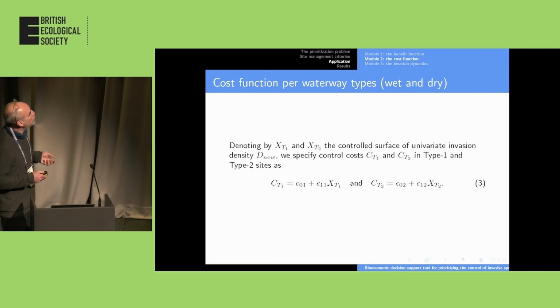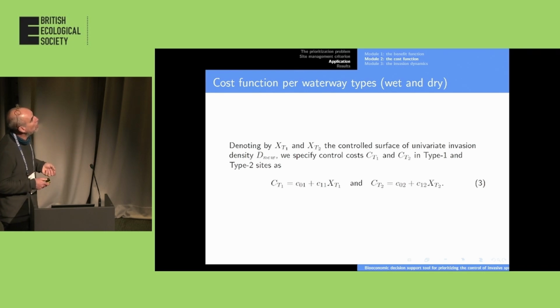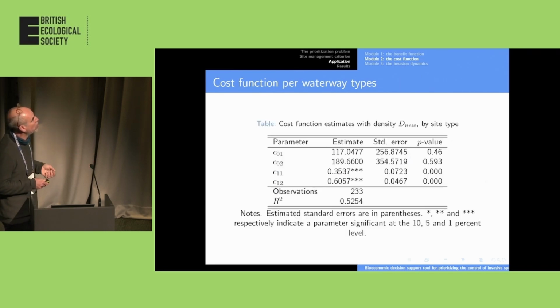I turn to the other modules, and I will go faster on these. The control cost. As I said, we had lots of data, so we played a lot with it, and it turned out that the best estimates were on linear cost functions. So the management of primrose willow is a linear cost function, and we had to distinguish wet and dry areas, but I don't need to go into this.